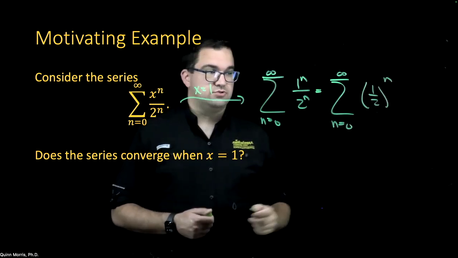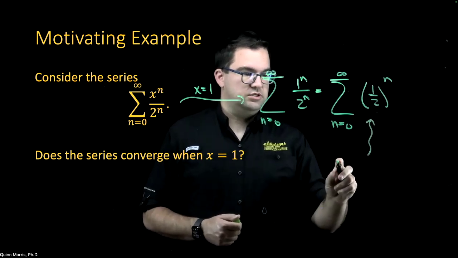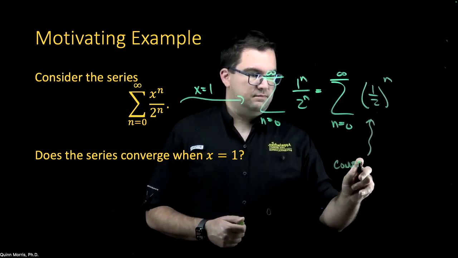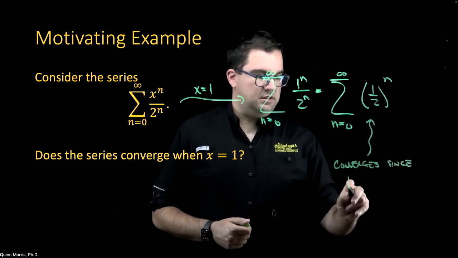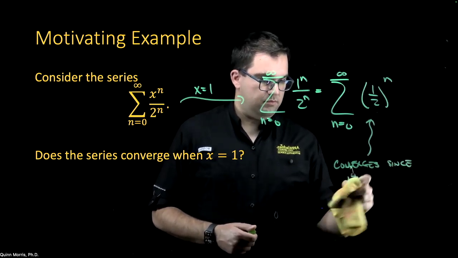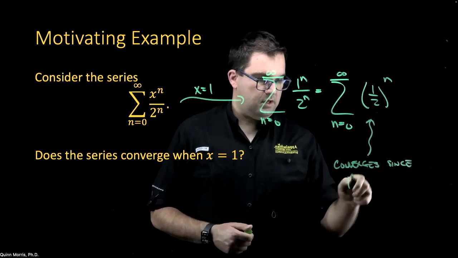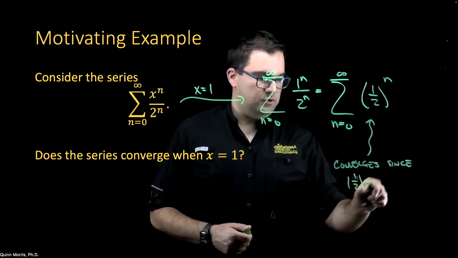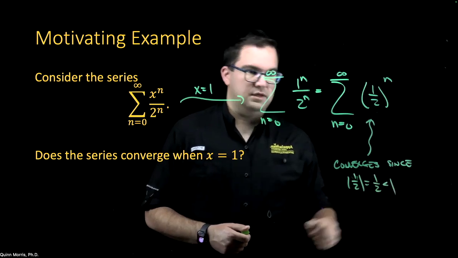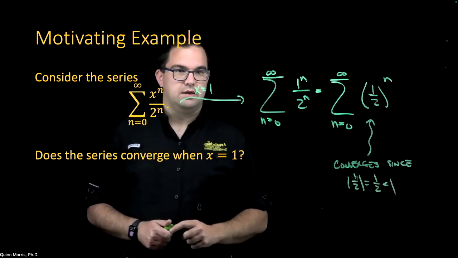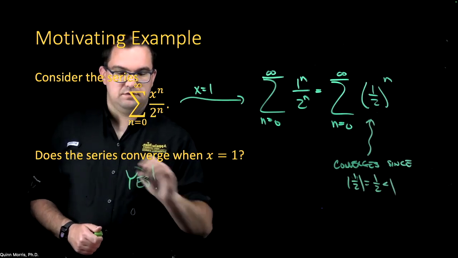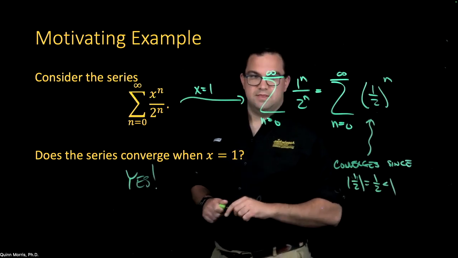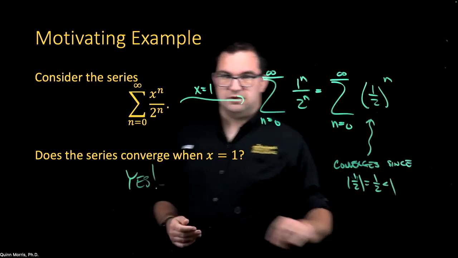Because this is a geometric series, we know that this converges, since the absolute value of 1/2, which is 1/2, is less than 1. So of course the answer here is yes. We can determine that the series does converge when x is equal to 1.